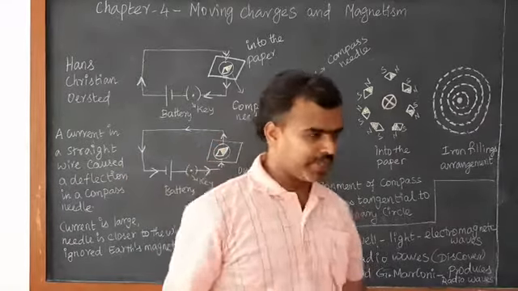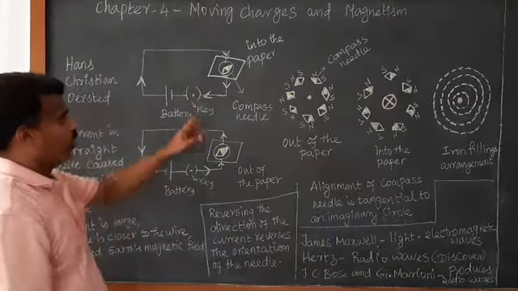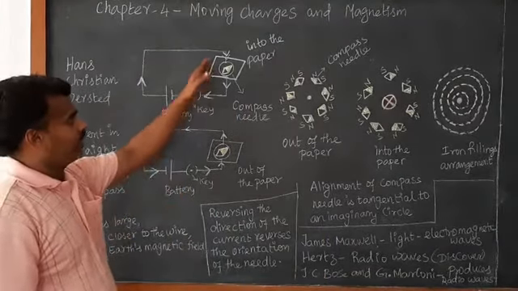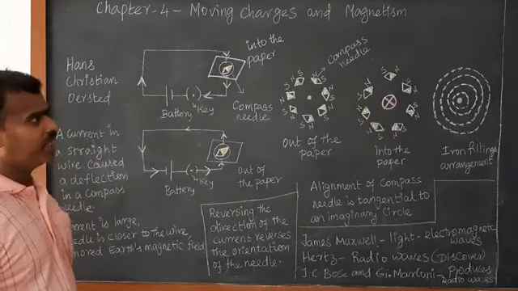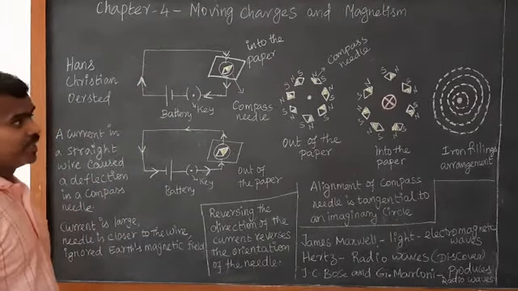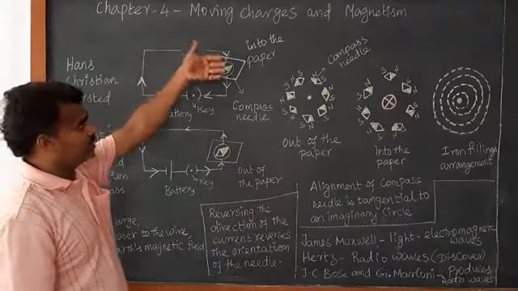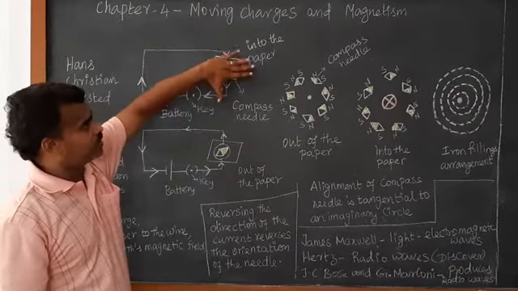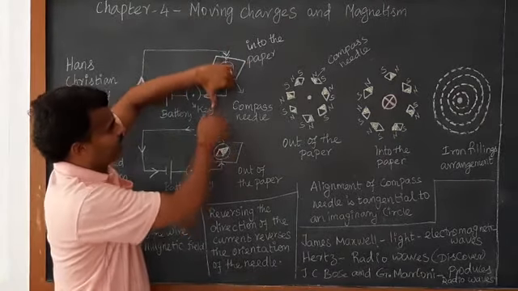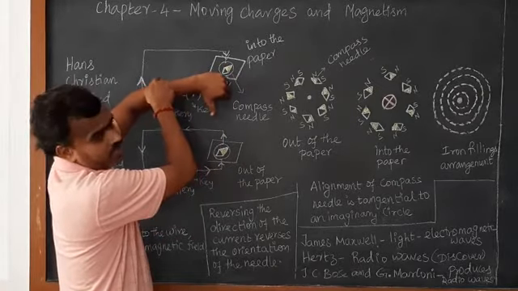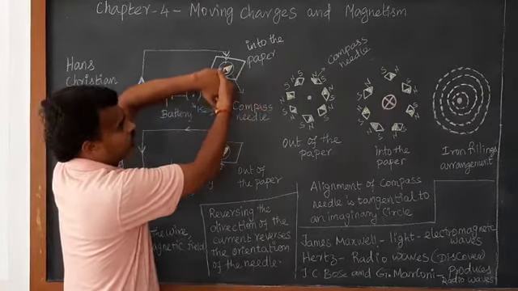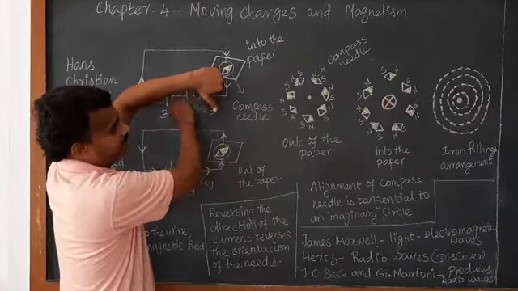So this is the concept we are going to apply here. What will happen when we apply it to into the paper? The compass needle will get deflected. This is the downward direction. If you take the downward direction, north, south, this is west, this is east, so the deflection will happen in the west direction.